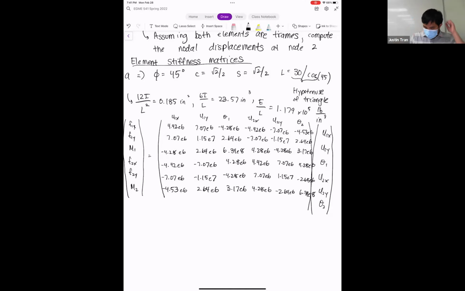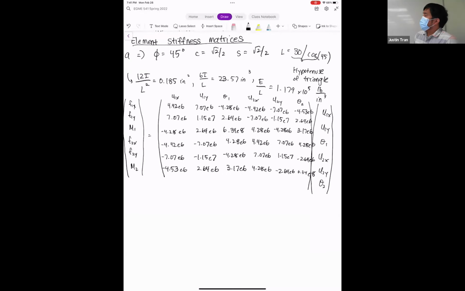It's a little bit clearer. All right, so that's our element stiffness matrix for A.